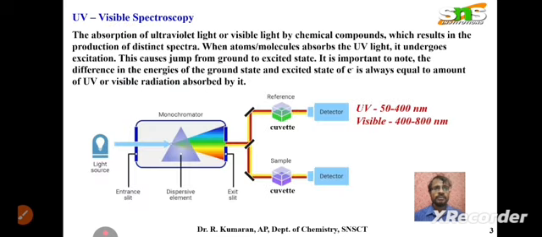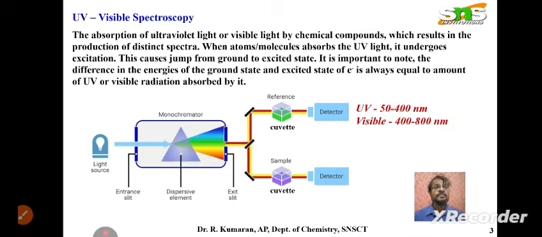So, what is meant by UV visible spectroscopy? The principle deals with the absorption of UV light or visible light by chemical compounds. It means the prepared chemical compounds result in the production of some distinct spectra. When atoms or molecules absorb the UV light, they undergo excitation.